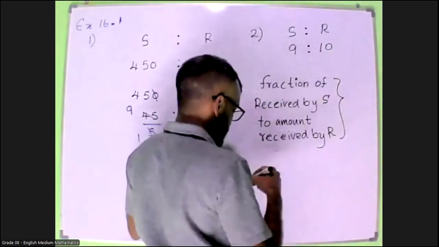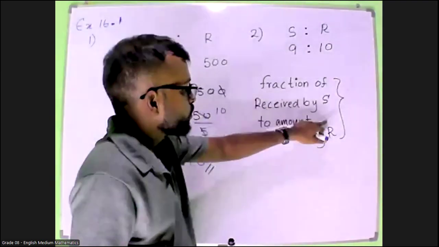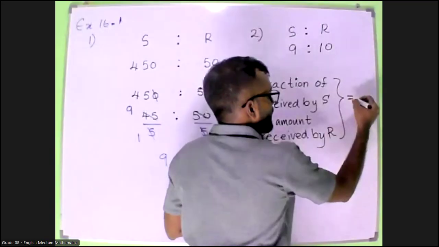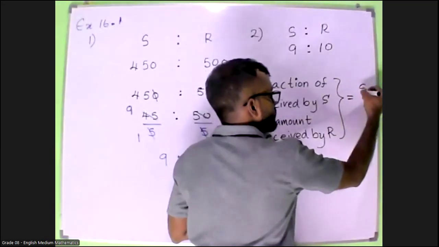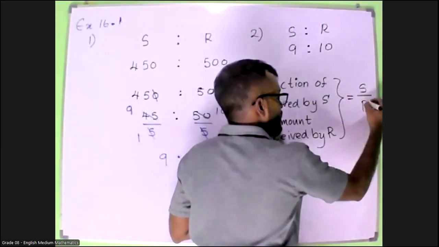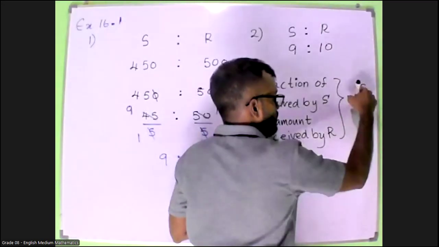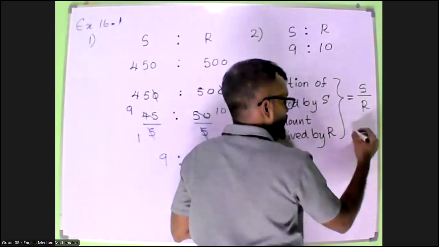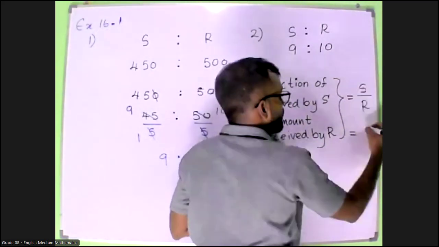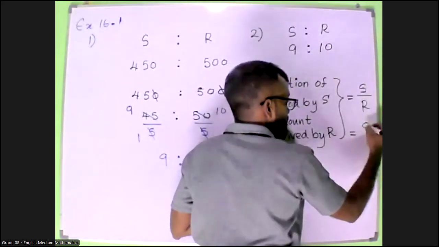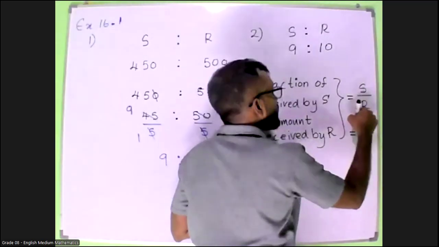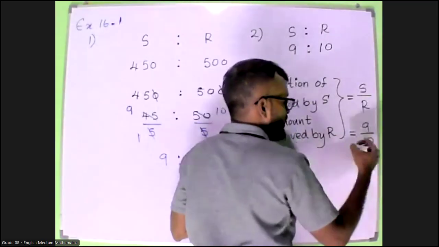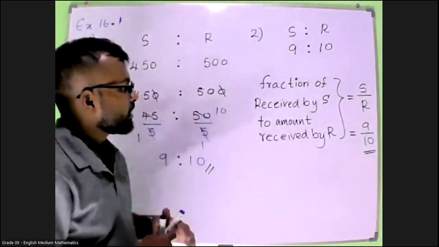How do we write it? Sudesh to Rahim. As a fraction, Sudesh comes first, then you have to divide it by Rahim. Sudesh in the numerator, Rahim in the denominator. So Sudesh received 9 parts when Rahim received 10 parts. So this should be the answer.